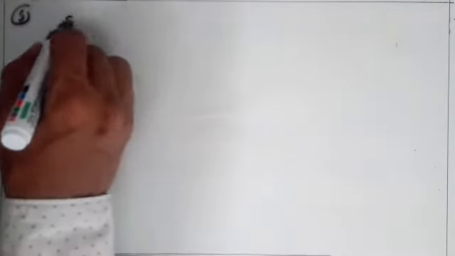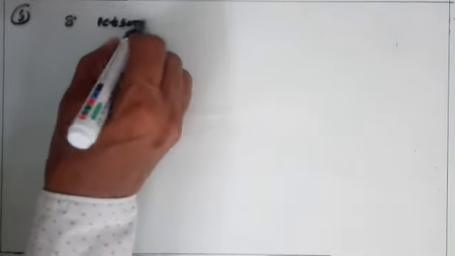Now question number 5. From a committee of 8 persons, in how many ways can we choose a chairman and a vice chairman, if one person cannot hold more than one position?